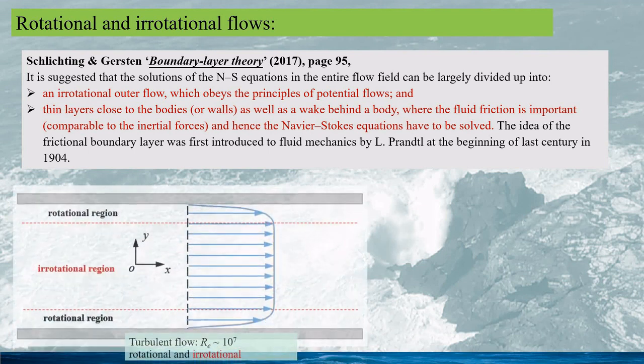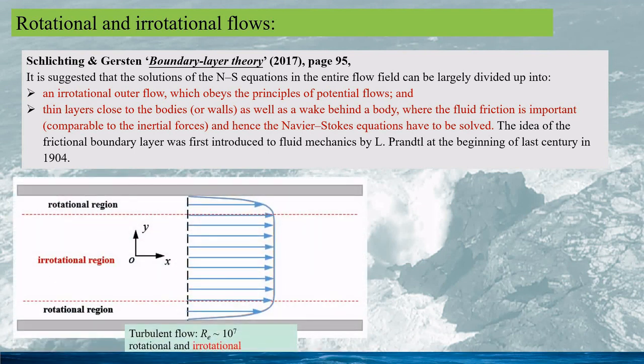For the flow in a horizontal pipe, when the Reynolds number is large, say 10 million, the flow profile would be a shape like this. So the flow in the pipe is fully turbulent.